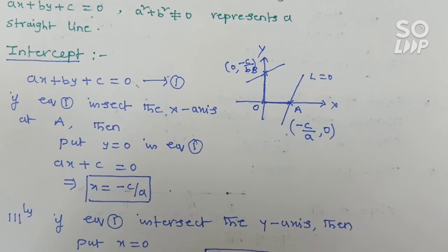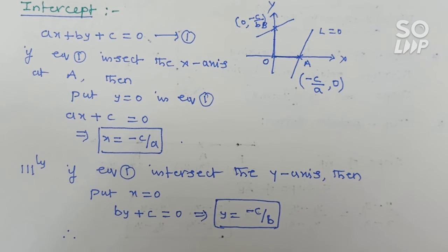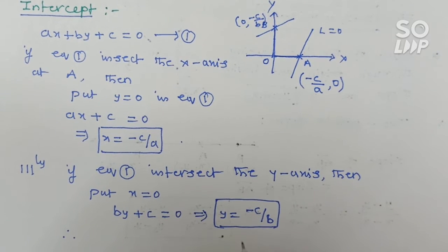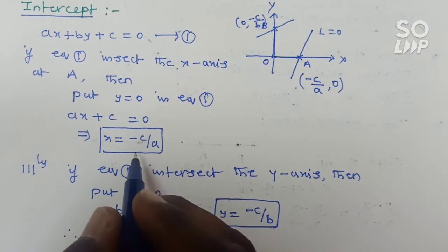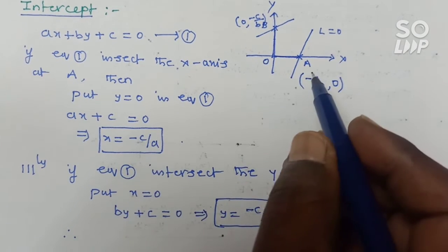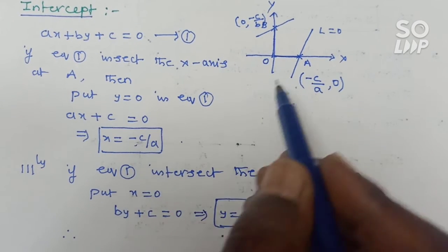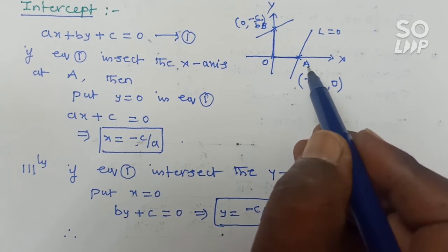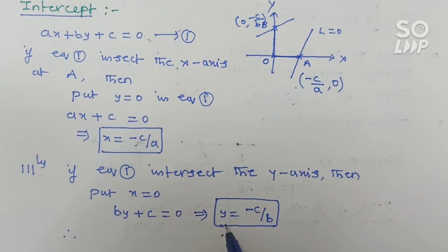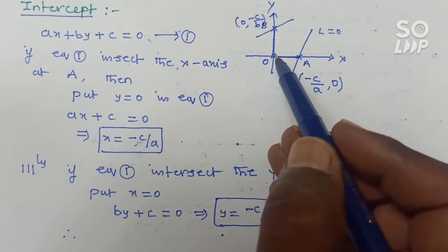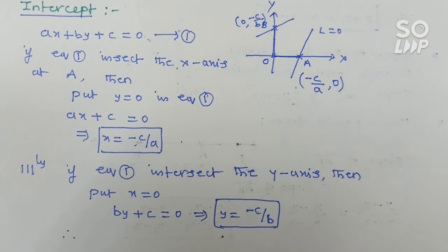So from the above x value you get the A point coordinates, and from the below value y equals minus c by b, you get the B point coordinates.